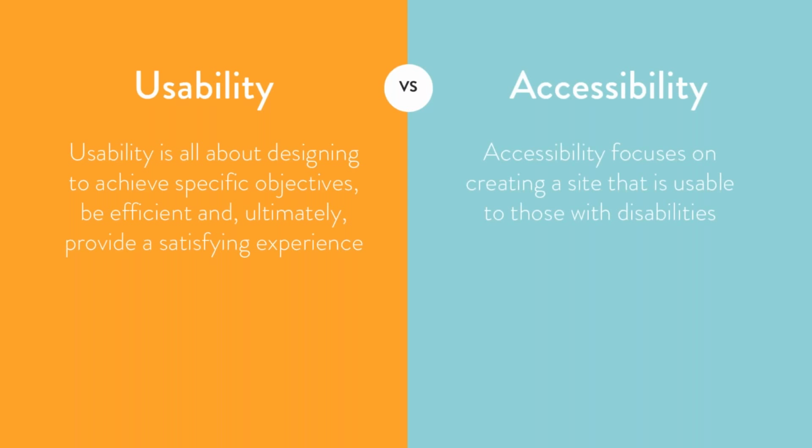Accessibility focuses on creating a site that is usable to those with disabilities. When normally doing UX design, we're not strictly thinking of all these use cases of people who may need a little extra help viewing your website. That's where accessibility comes in. Yes, there are similarities between the both of them, and there is an overlap, and we're going to get to that overlap a little later in our webinar today.